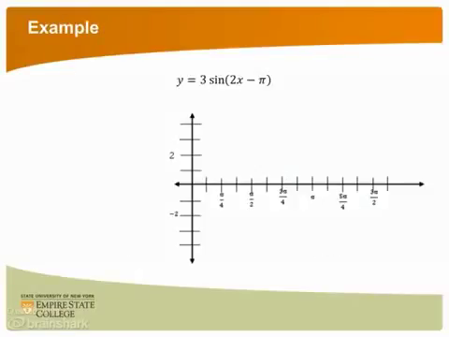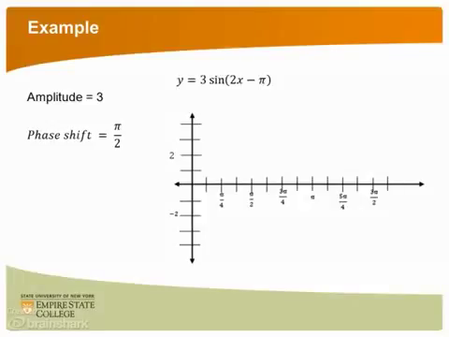Suppose we want to graph the function y equals 3 times the sine of the quantity 2x minus pi. First, we find the amplitude of the function. This is the absolute value of 3, which is 3. Now we find the phase shift. Because we have a minus pi, our phase shift is actually positive pi, divided by the 2 that is in front of the x.